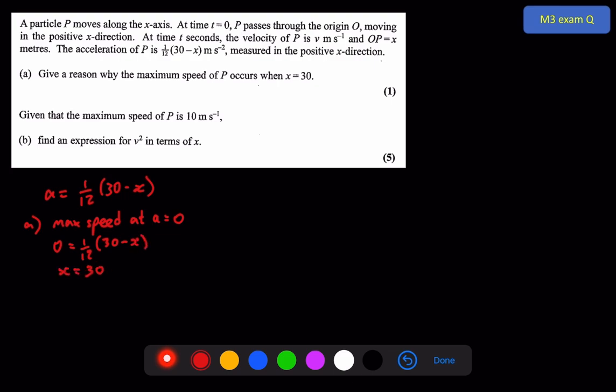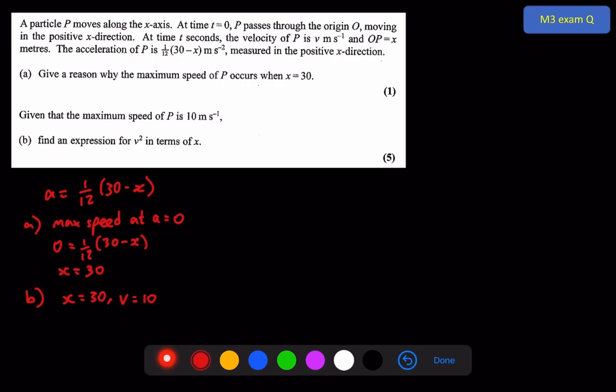Given that the maximum speed of p is 10, so that's telling us now, combined with what we've just said, the boundary conditions, x equals 30 when v is equal to 10. Find an expression for v squared in terms of x. So this one is just slightly different. We're finding v squared in terms of x, so we don't need to square root at the end of this.